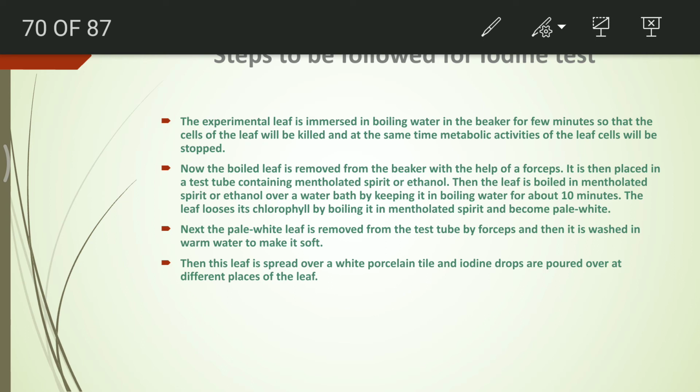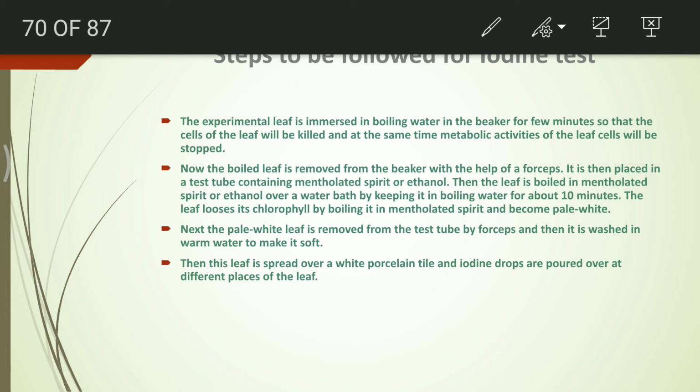After that we take a test tube filled with ethanol or methylated spirit and put that leaf, which has boiled for 2 minutes, inside that test tube, and the entire test tube is boiled for a minute or two. Then the leaf is taken out, and by now the chlorophyll is completely removed from the leaf. The leaf is dipped in hot water for some time so that it becomes brittle, and from there we add the iodine to the leaf.